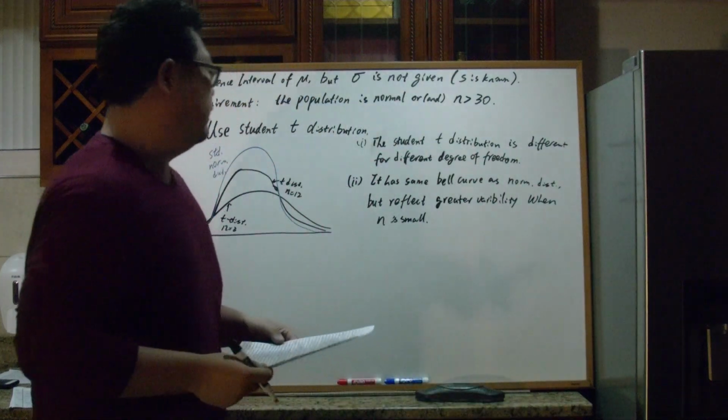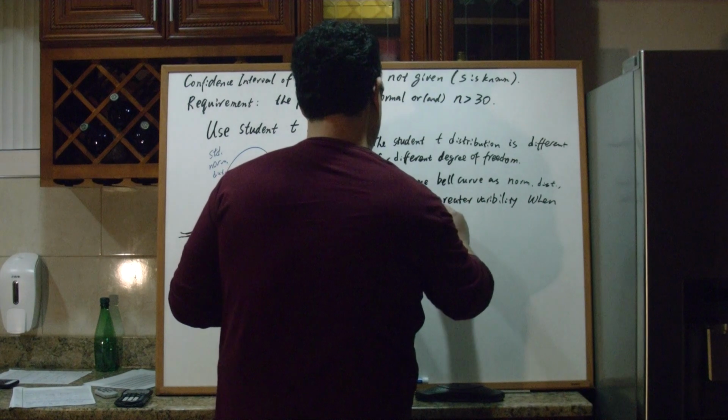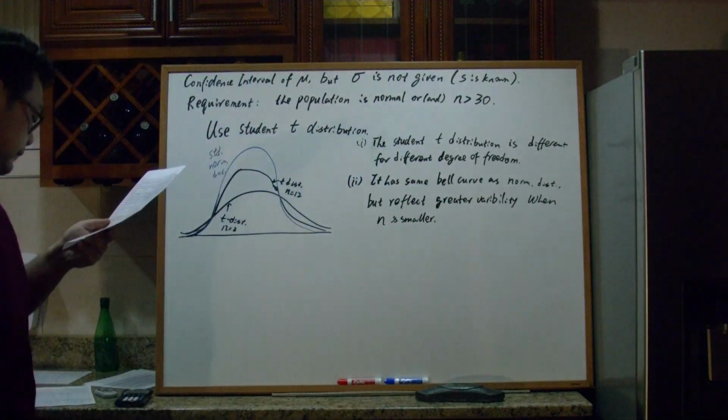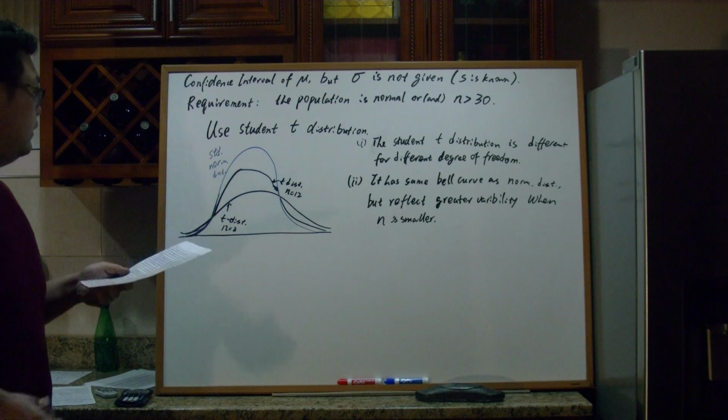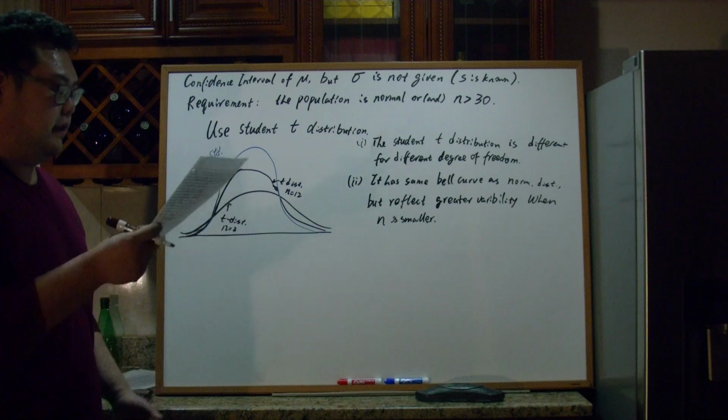Right, greater variability when n is small. It is the same as the standard normal distribution in that the mean is at the center, 0.